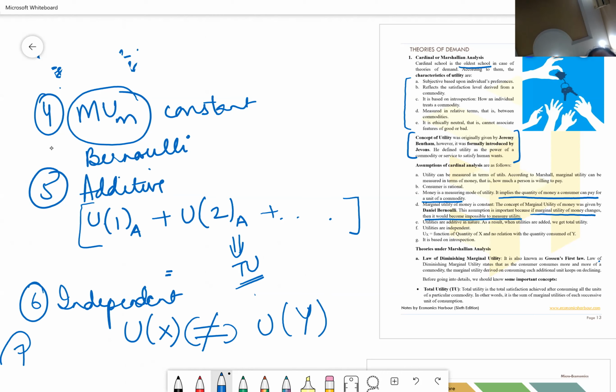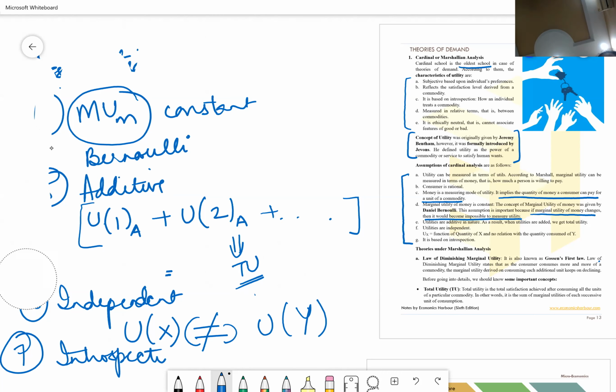And last point is that the utilities are based on introspection, right? So again, I repeat, how you perceive a commodity will decide what utility you're getting from consuming that particular commodity. So these were the assumptions of cardinal analysis.